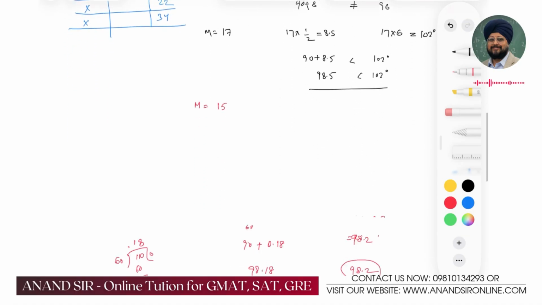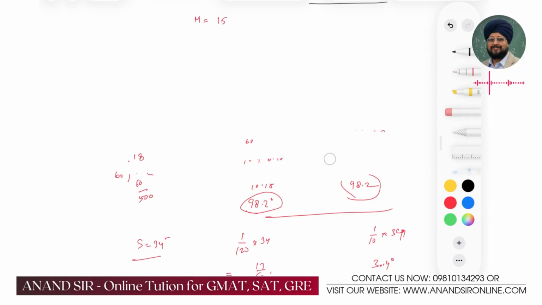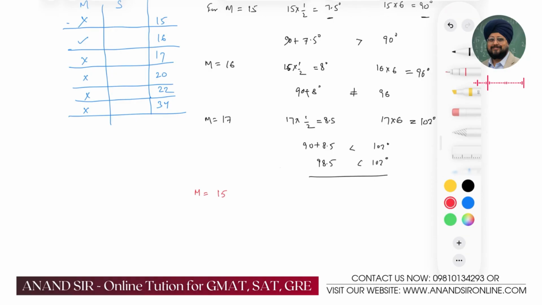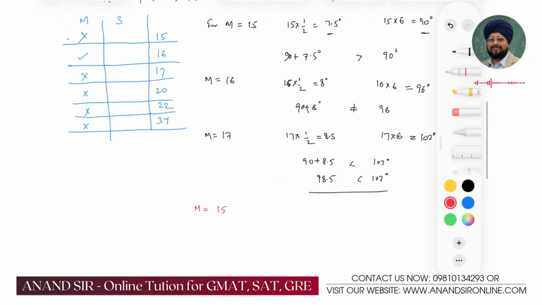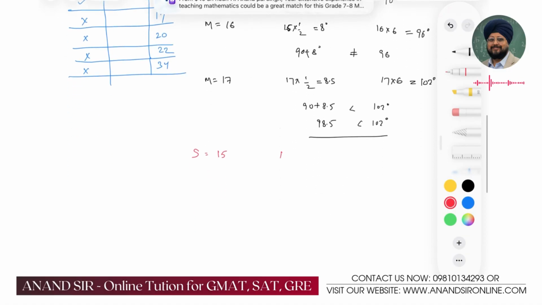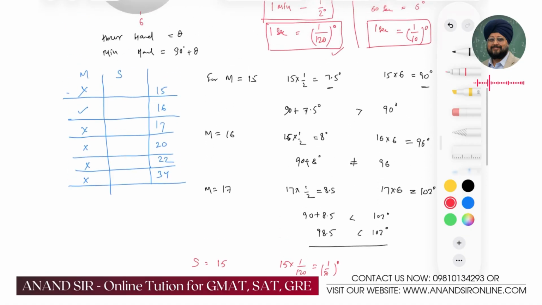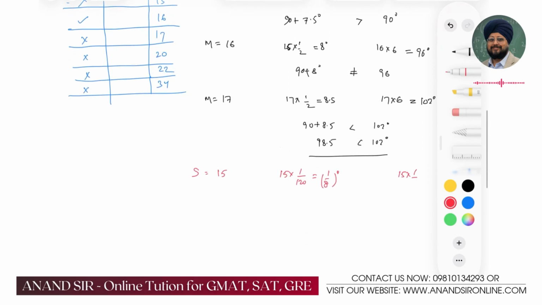So when I take m equal to 15, s equal to 15 seconds, then the hour hand is 15 into 1 upon 120, that is 1 by 8 degrees, and the minute hand covers 15 into 1 by 10, that is 1.5 degrees, right?